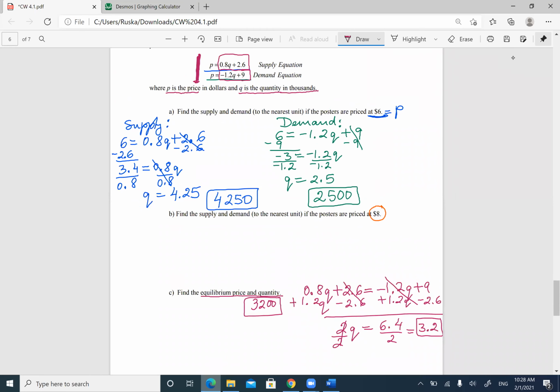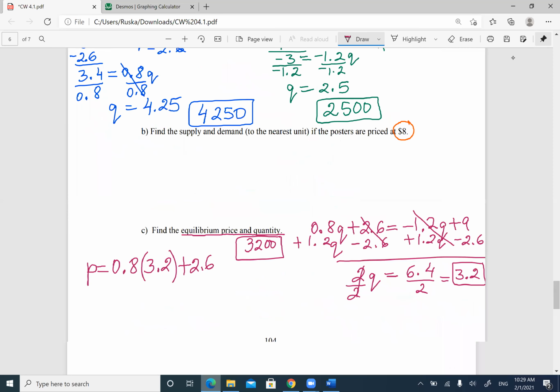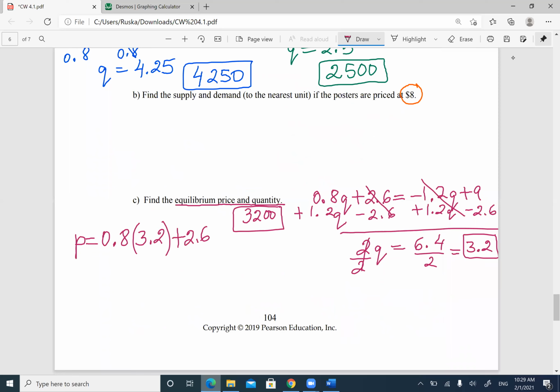So the price is going to be 0.8 times Q, which is 3.2, plus 2.6. So I'm plugging it into the first equation. Doesn't matter. You can plug in the second. You're going to get the same equilibrium price. Okay?